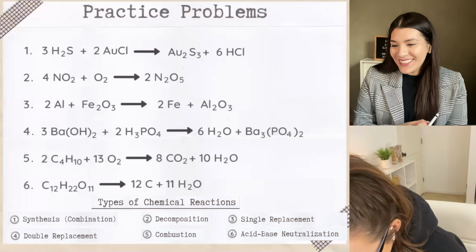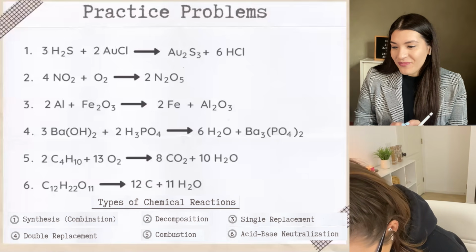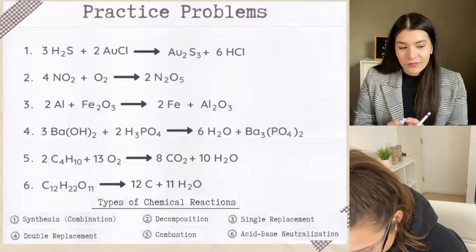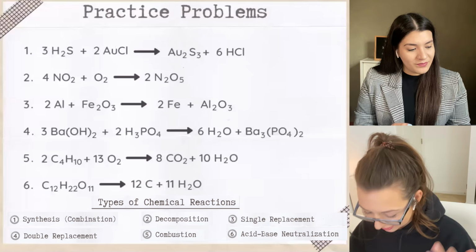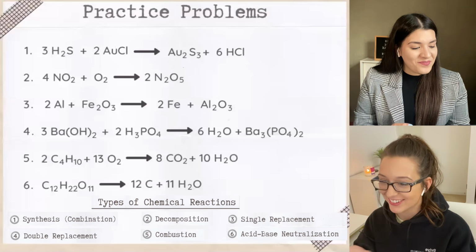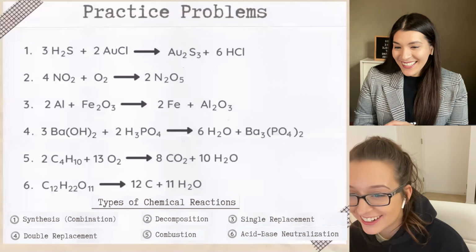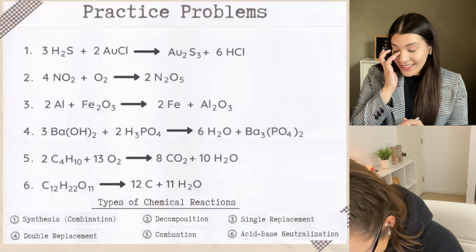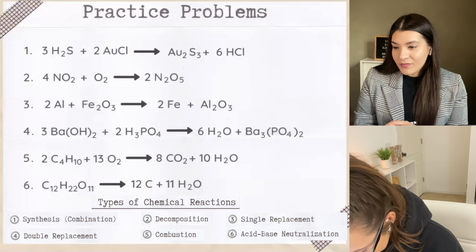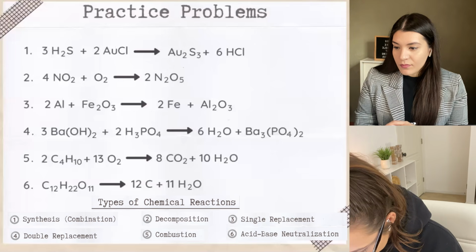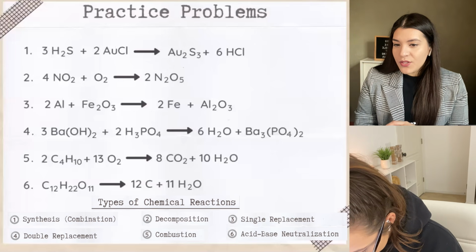Okay. So now we have NO2 and O2. It's so weird to look at things like this because this is my first time looking at this. I just see letters and numbers everywhere. So just describe what's happening.